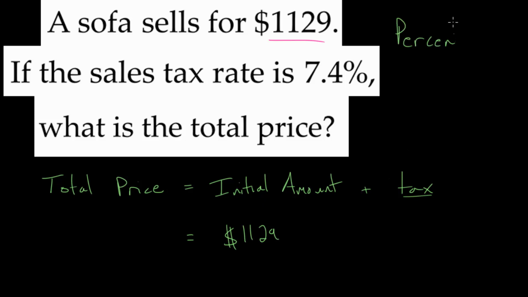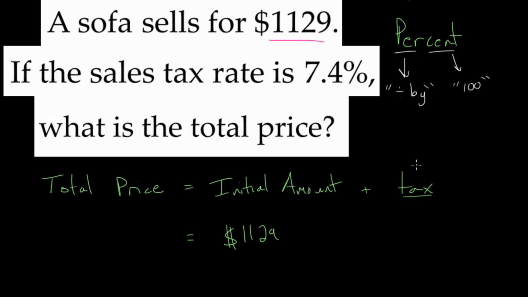Remember that the word percent can be split up into two separate parts, where per essentially just means divide by, and cent is the word for 100. You can think 100 cents or century.